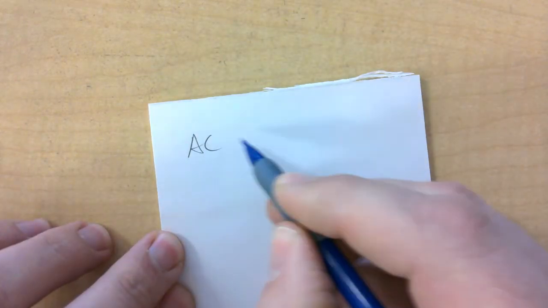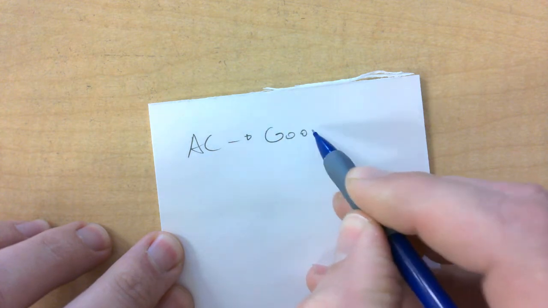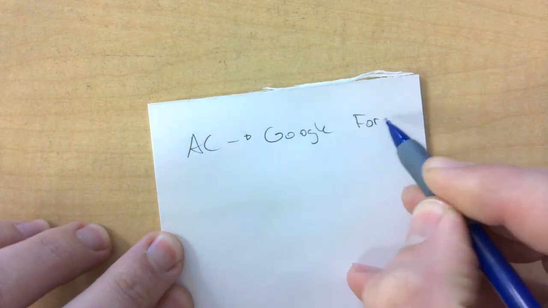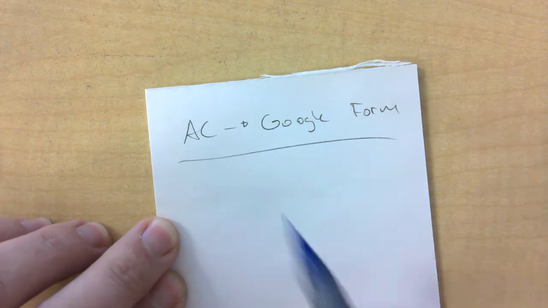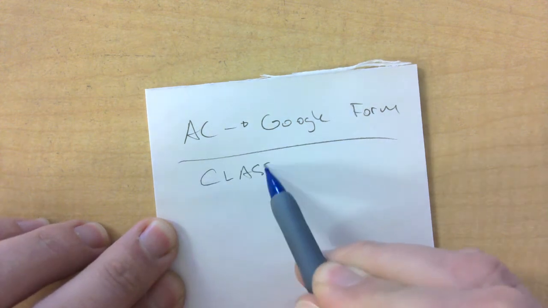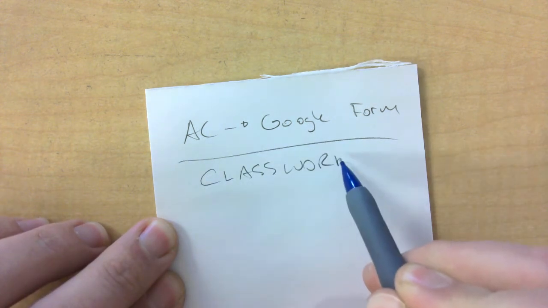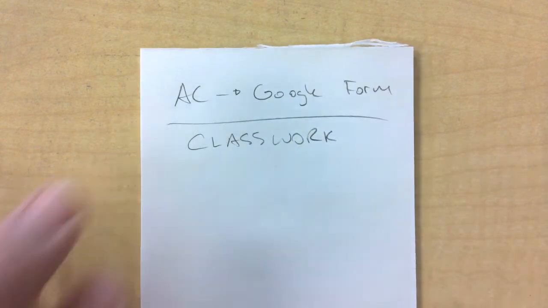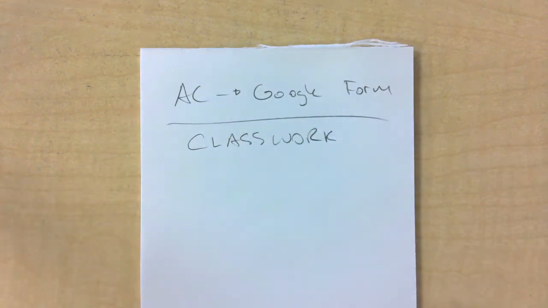Okay, so AC Google form, which I will put under class work right now. I'm just writing this down. Sometimes students join a little later, so I'll pause the recording. You do that. It shouldn't take you, I'm thinking 15 minutes, so 2:30 we should be done.